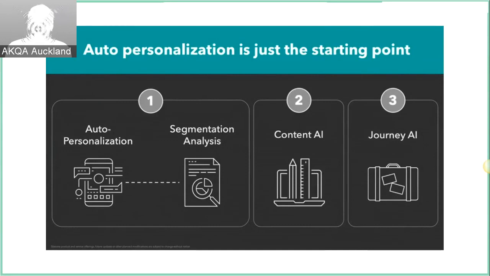And also journey AI, like how the user is in the journey with the system, like in the portal. So these two AIs are coming in future. But this is what they are marketing as the Sitecore AI umbrella. So auto personalization is the first product for them in this aspect.